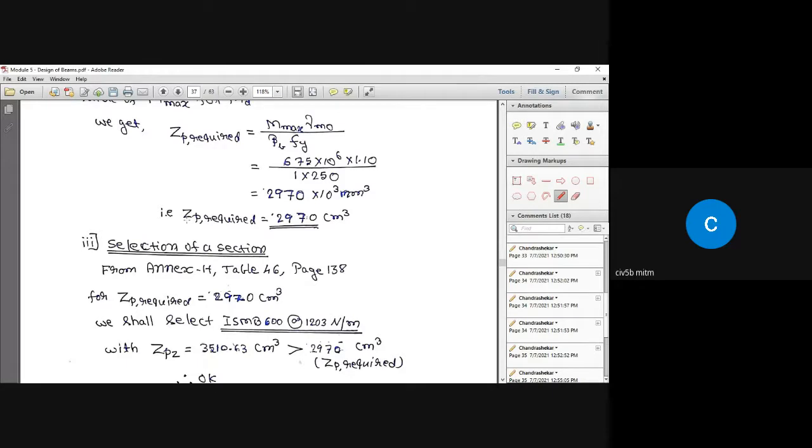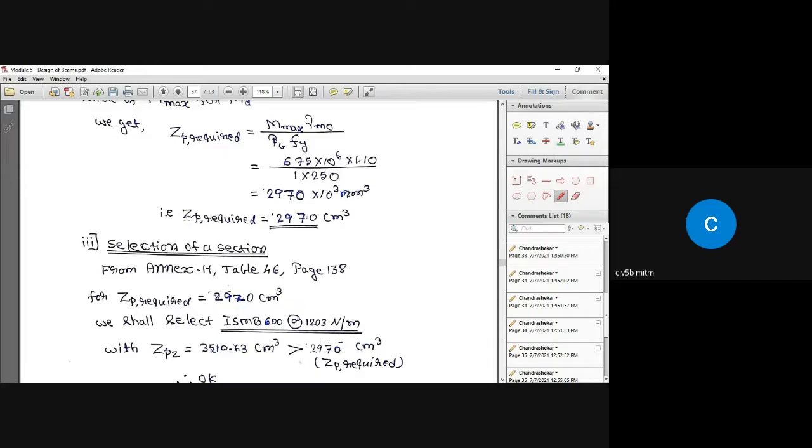What is the section modulus for that section? It is 2711.98. But how much we need? We need at least ZP required equal to 2974 centimeter cube. So ISMB 550 is not adequate.